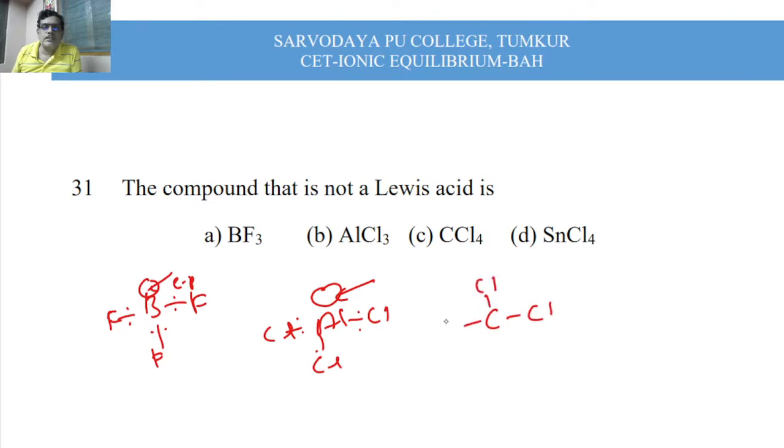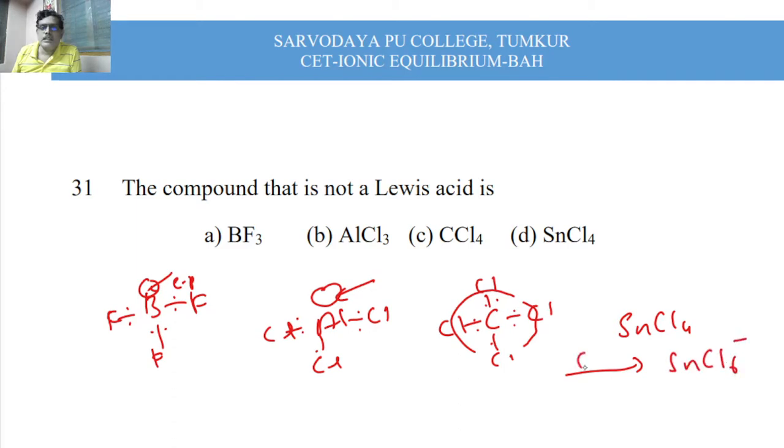CCl4 is electron precise. You can see here all are bond pair electrons. It is having 8 electrons around it, so it is electron precise. It will neither accept a pair of electrons nor donate a pair of electrons. Whereas SnCl4 can use its d orbitals and it becomes SnCl6. It can accept 2 lone pair electrons at a time. Therefore it is also an electron pair acceptor. So SnCl4 is also a Lewis acid.